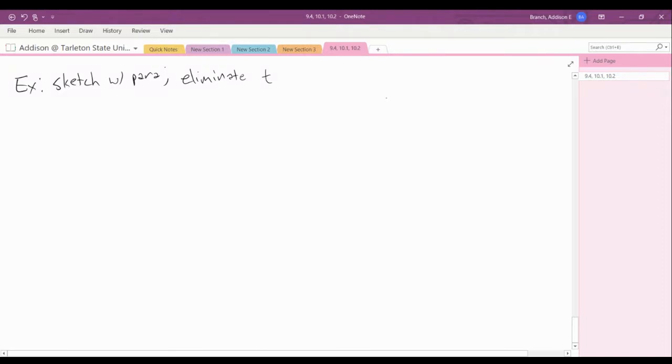Our equations for this one are going to be x equals sine of t, y equals 1 minus cosine of t, and then t is going to be bounded between 0 and 2 pi. So our first step is going to be to go ahead and build our table.